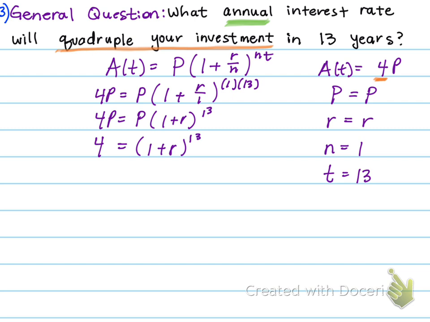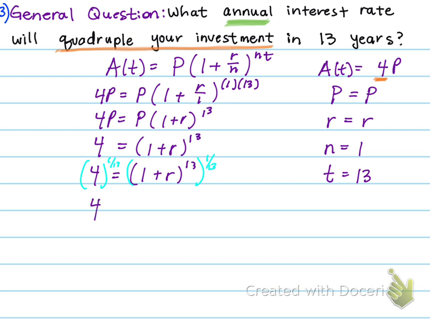And then, again, I have this exponent that I need to get rid of. So I'm going to take the 13th root of both sides. Or you could also claim you are going to raise it to the power 1 over 13 on both sides, and that'll get rid of that 13 because I'm multiplying the exponent by its reciprocal.